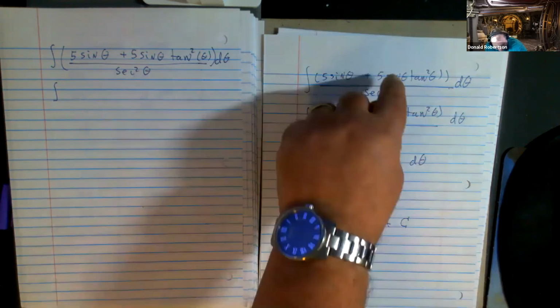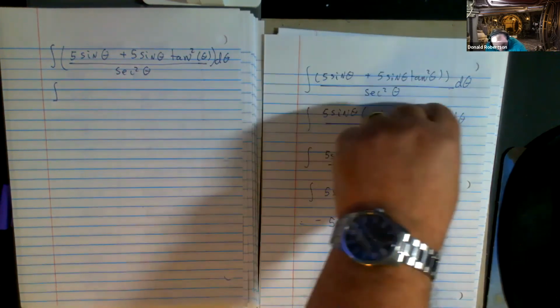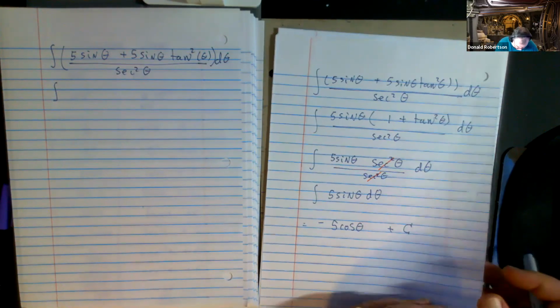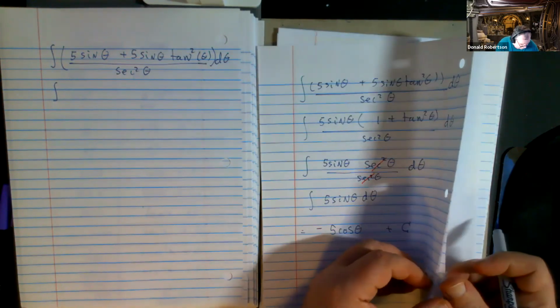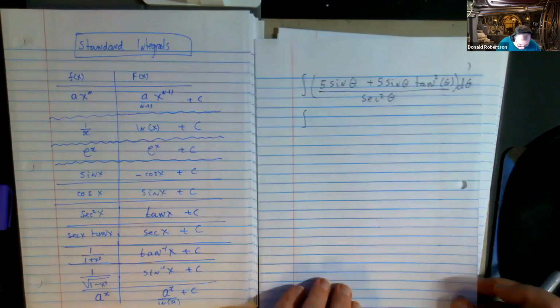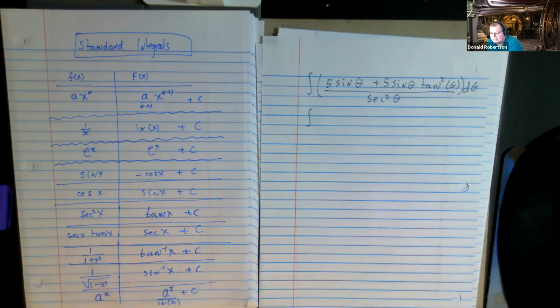Does that make sense, as long as you remember that 1 plus tan squared is secant squared? That process. Now I'm going to show you a much uglier process. The only advantage that this second method has is that it's what you do if you can't think of anything else to do.